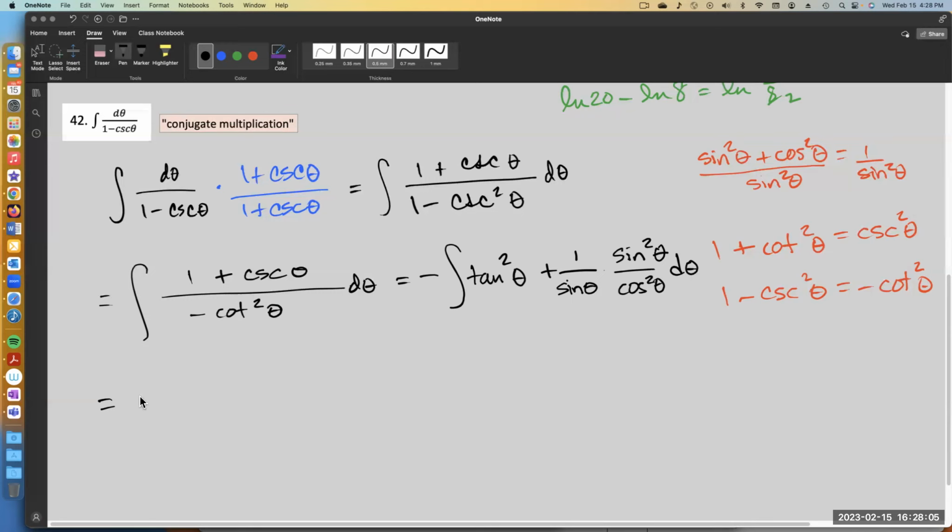We can then simplify this a little bit. I'm going to cancel out one sine. We have that.